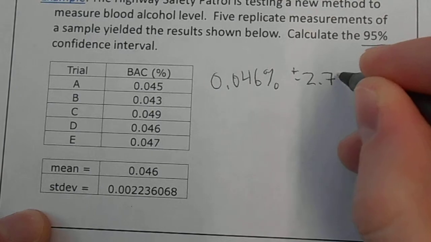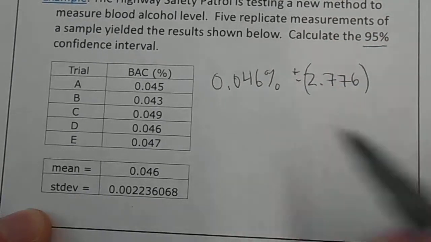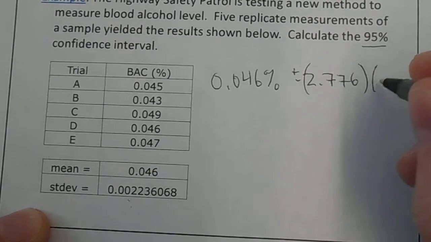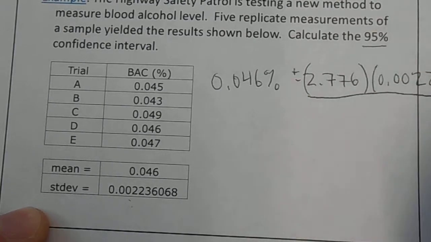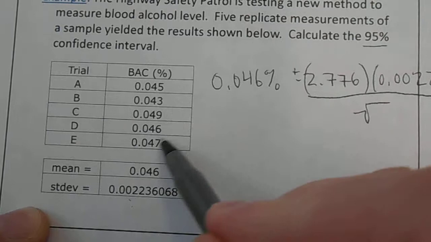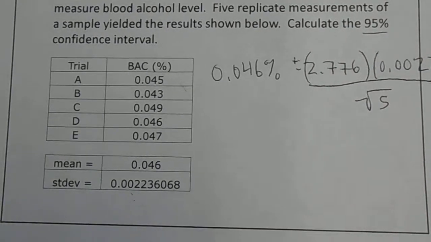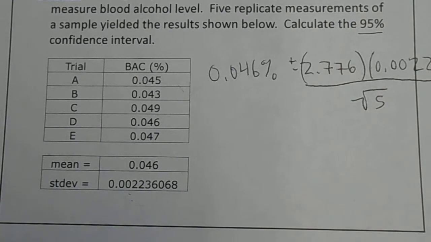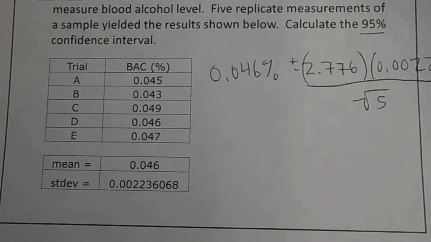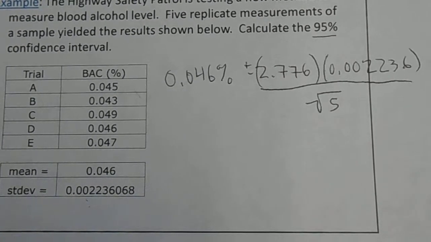So we take that times our standard deviation s, 0.00236, that should be enough sig figs, divided by the square root of n, which is our total number of measurements, 5. When we crunch this out, I'll let you work that through and you can find the total value.